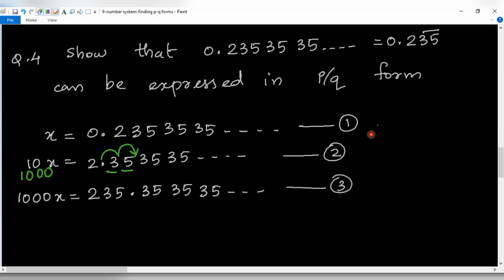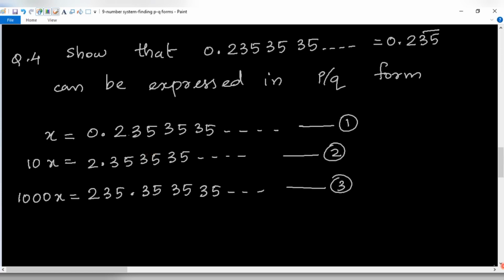Understood? So first we will transfer that decimal place to the point from where the repetition starts. Again, we will make 2 numbers having the same decimal places, such that through subtraction, we can remove that decimal part.